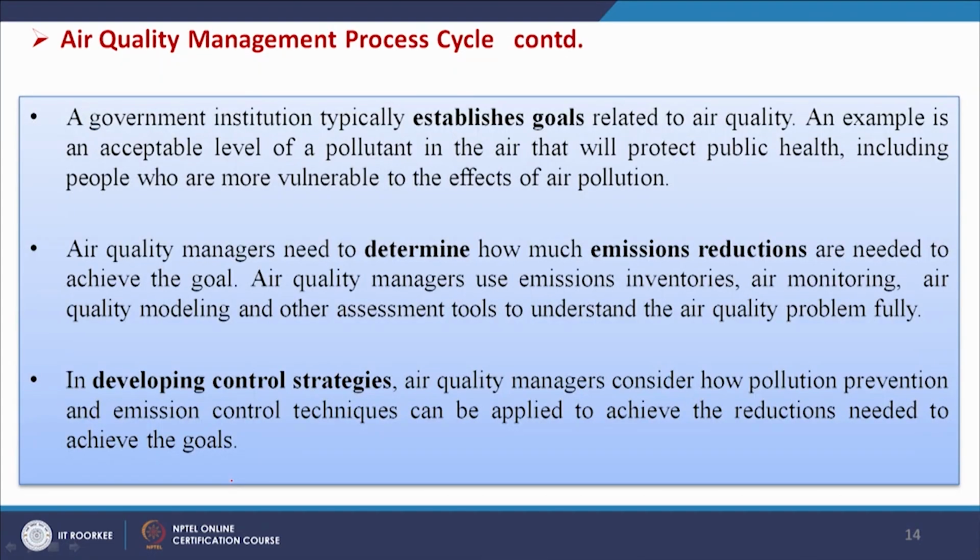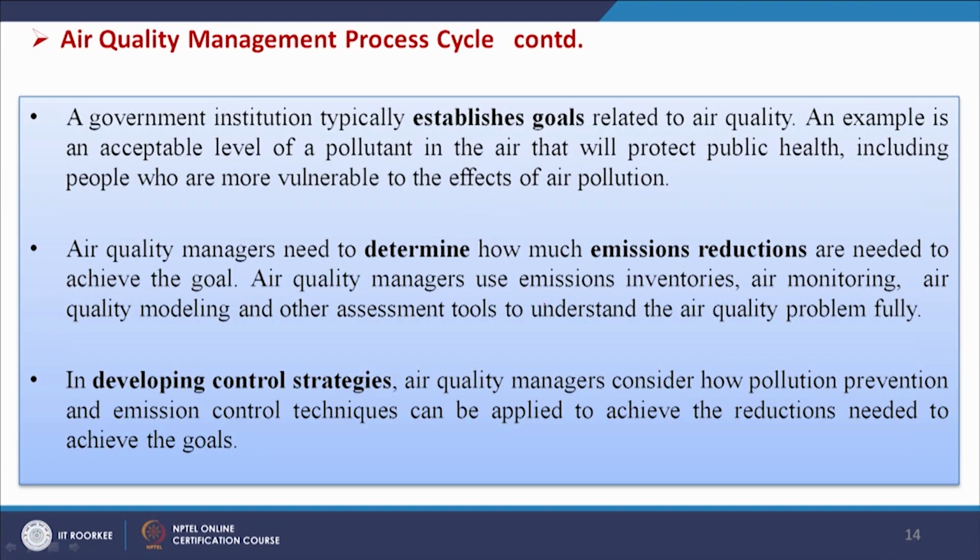So, we will see a government institution typically establishes goals related to air quality. An example is an acceptable level of a pollutant in the air that will protect public health, including people who are more vulnerable to the effects of air pollution. So, this is our selection of the goal. Then air quality managers need to determine how much emissions reductions are needed to achieve the goal.